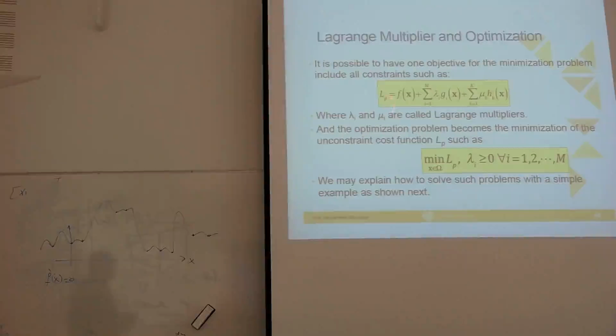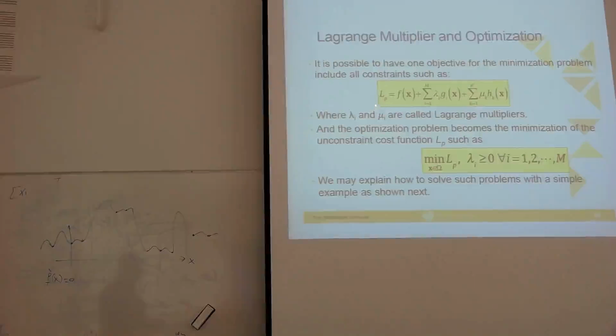So now the primal form is equal to the original cost function, plus the sum of the inequality constraints multiplied by lambda_i, which is the Lagrange multiplier, and also the summation of the equality constraints multiplied by mu_k, the Lagrange multiplier as well. Now we treat this as an unconstrained optimization.